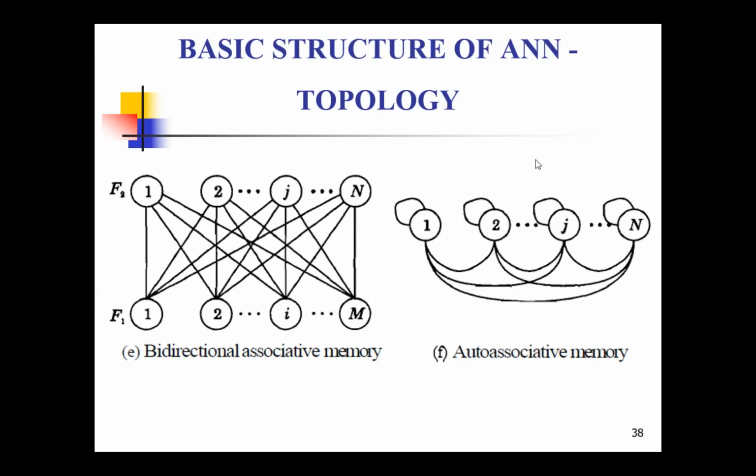So here we have the bidirectional associative memory. The contents can read the memory, and at the same time the memory can read the contents, that is both instar and outstar. We call it bidirectional. Similarly, there is auto associative memory.